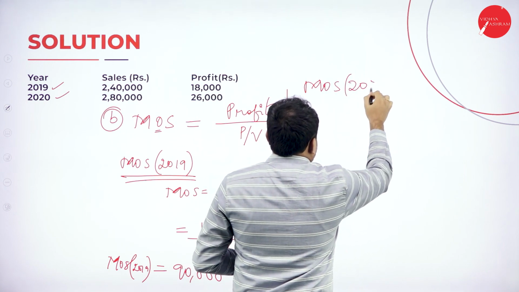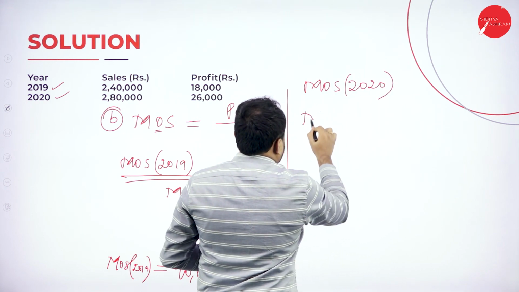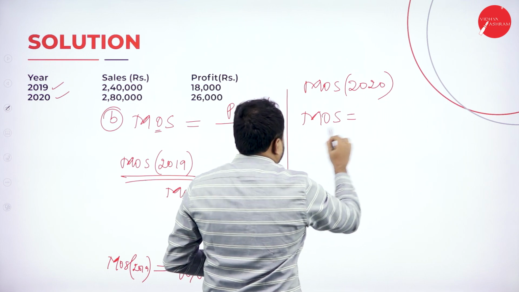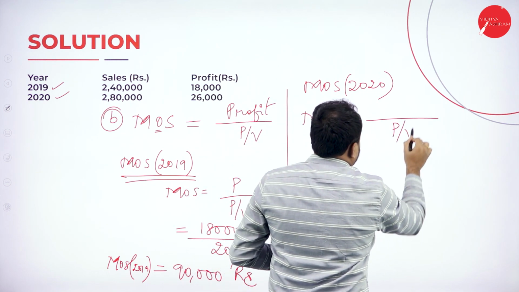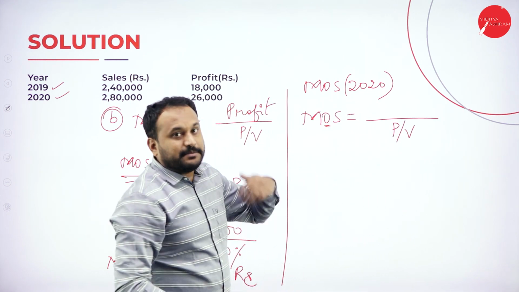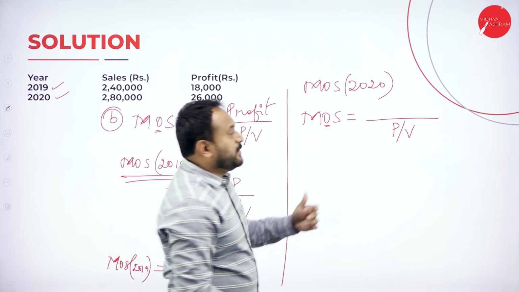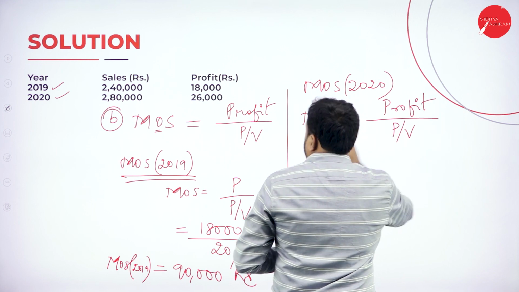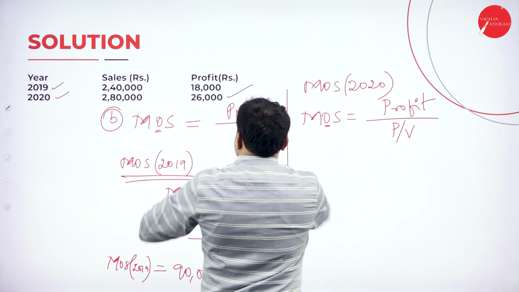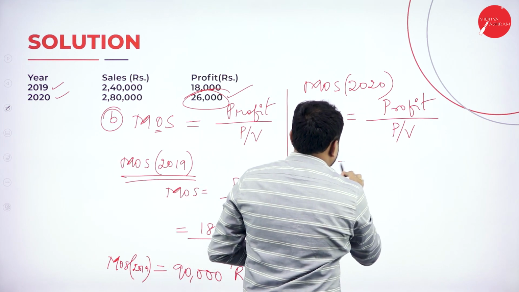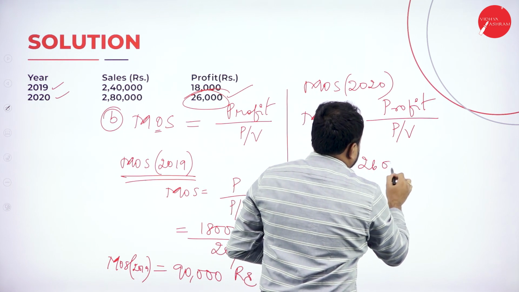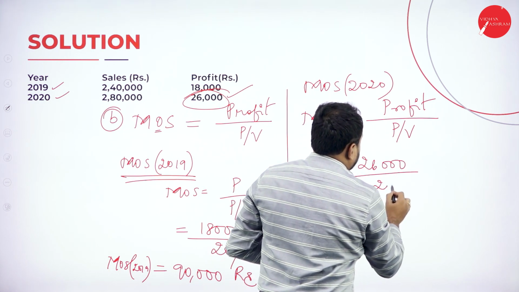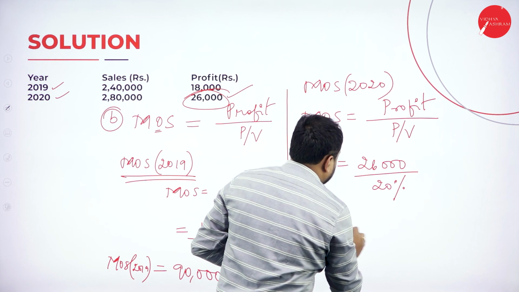The same way, MOS for 2020. Write the formula. MOS is equal to profit by PV. PV is in the denominator, the middle alphabet is O, the next alphabet will be P, and P means profit. And 2020 profit is how much? 26,000. So 26,000 divided by PV, which is 20%.